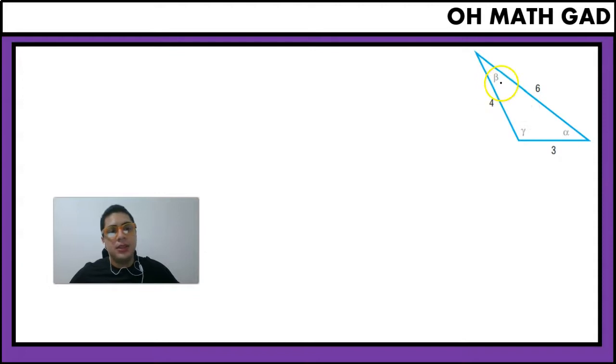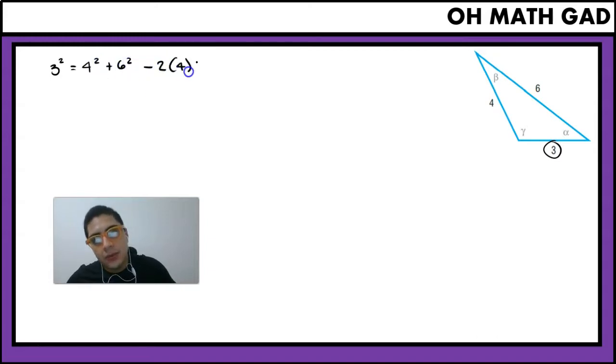we know, for example, let's say that we wanted to find the value of beta, right? So we know that 3 to the power of 2 is going to be equal to the squares of the other two sides, so 4 squared plus 6 squared, minus 2 times 4 times 6, times the cosine of the opposite angle.